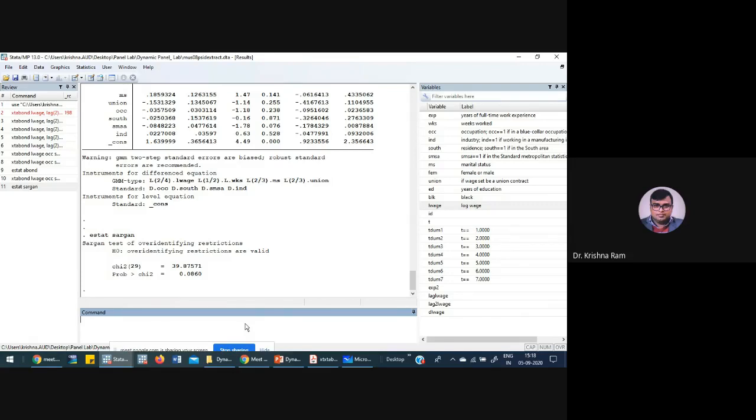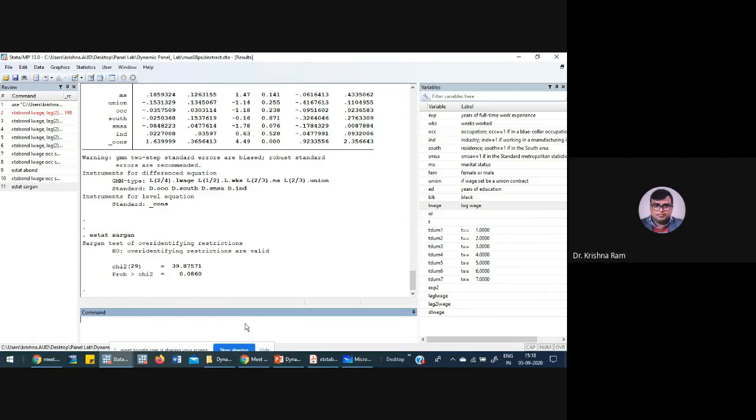That means the model hasn't used unnecessary or more than required instruments. So the null hypothesis is accepted here. That means whatever number of instruments have been used by the model is correct.